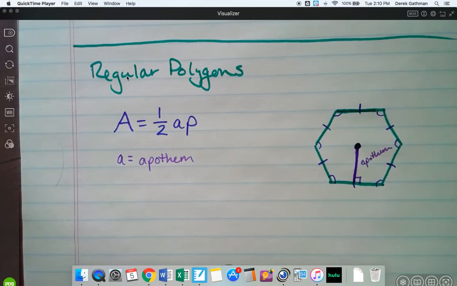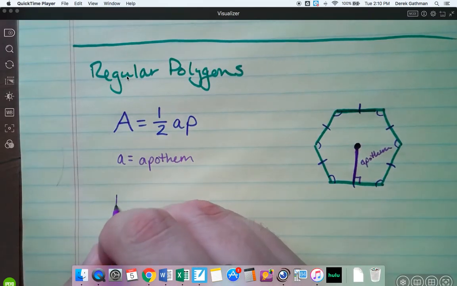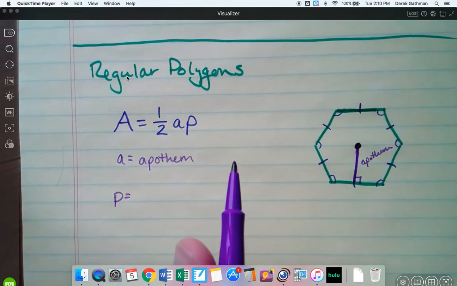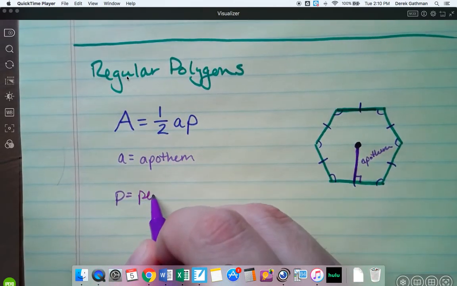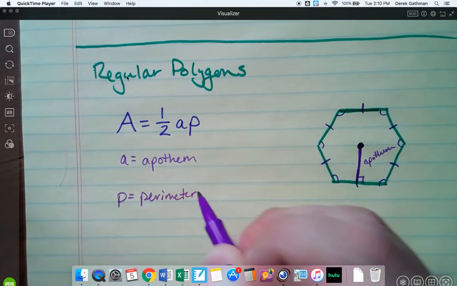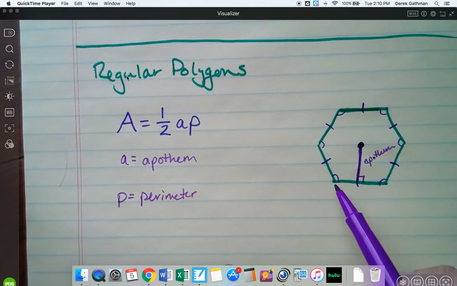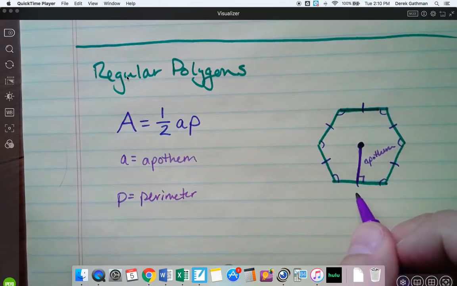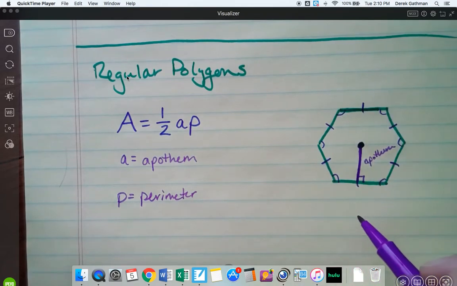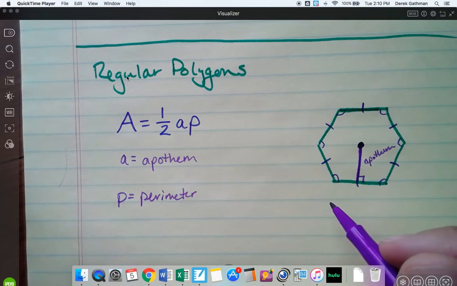Okay, so new term for you there, apothem. Perimeter, P stands for perimeter of that shape. So whatever my side length is, I'm just going to multiply that by the number of sides I've got. So whatever this side length would be, I would multiply by 6 to figure out the perimeter of that figure.